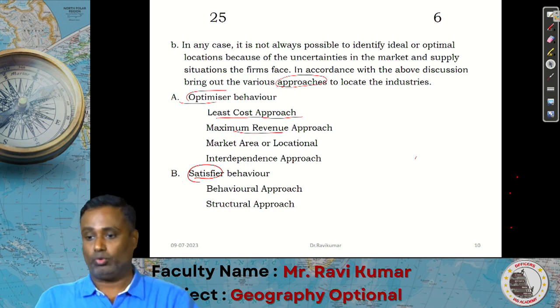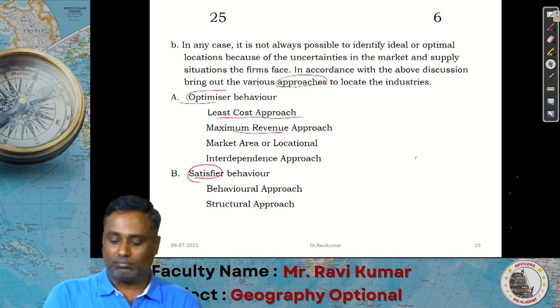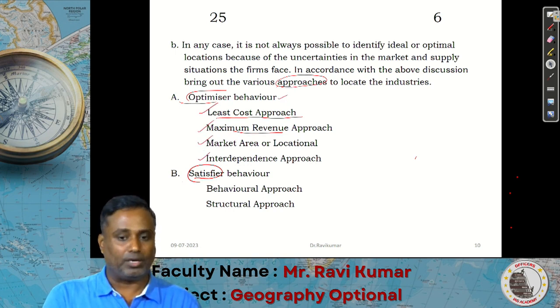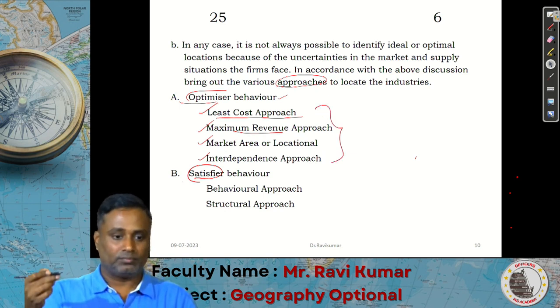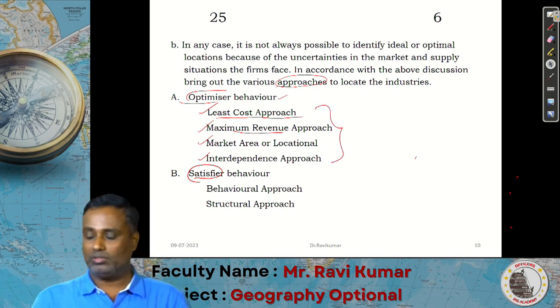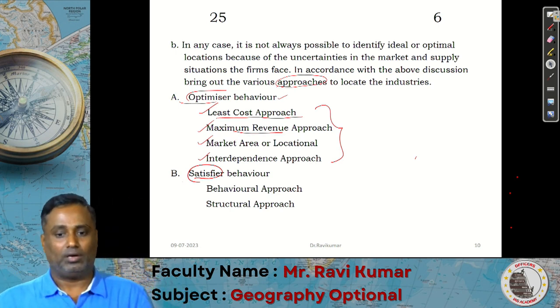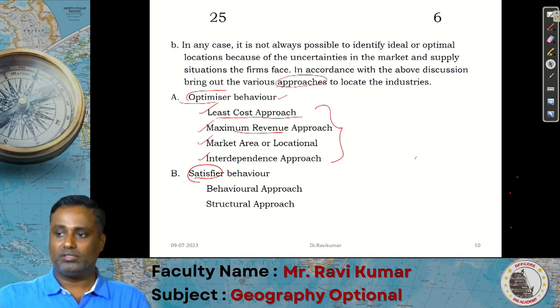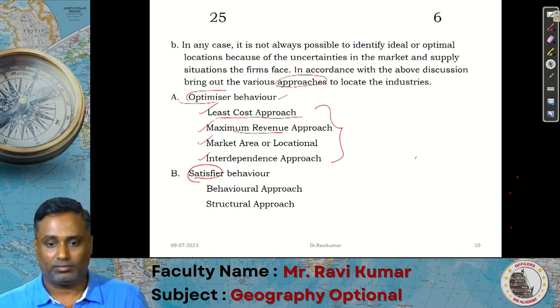This is called the satisficer approach. In the optimizing behavior, we have the least cost approach, maximum revenue approach, market area approach, and interdependence approach. All these approaches try to find the location of industry which reduces the location cost and increases the profit, or increases the profit based on the proper location in the market.